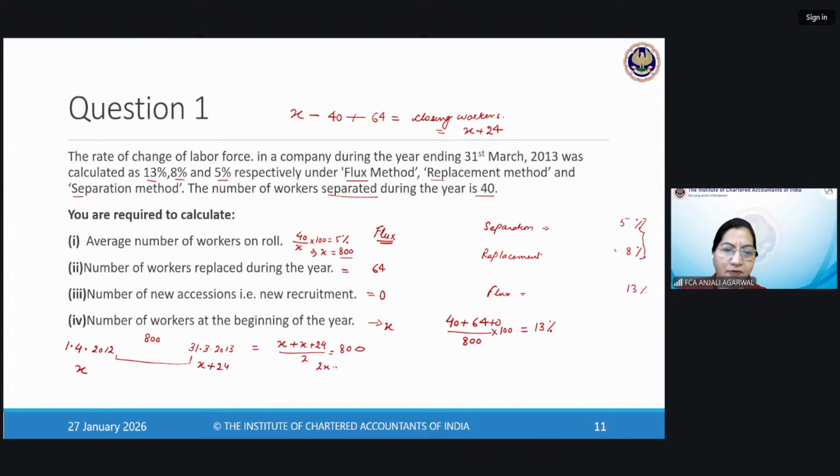2X plus 24 is equivalent to 1600. 2X will be equal to 1600 minus 24. 2X is equal to 1576, and this implies X is equal to 788.